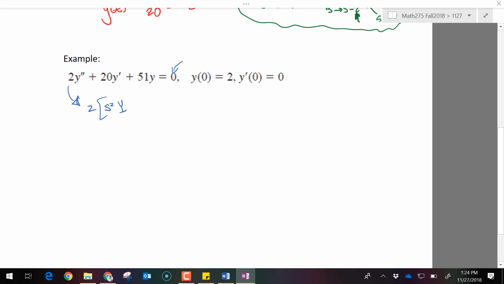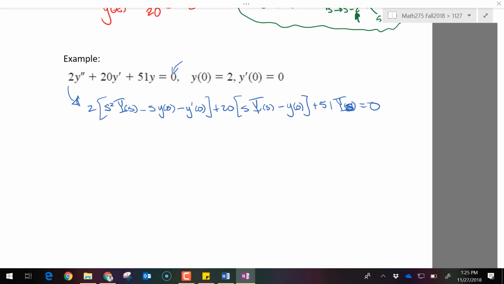S squared capital Y of S minus S times Y of 0 minus Y prime of 0 plus 20 S Y of S, sorry, minus Y of 0 plus 51 Y of S. Keep getting mixed up with that.